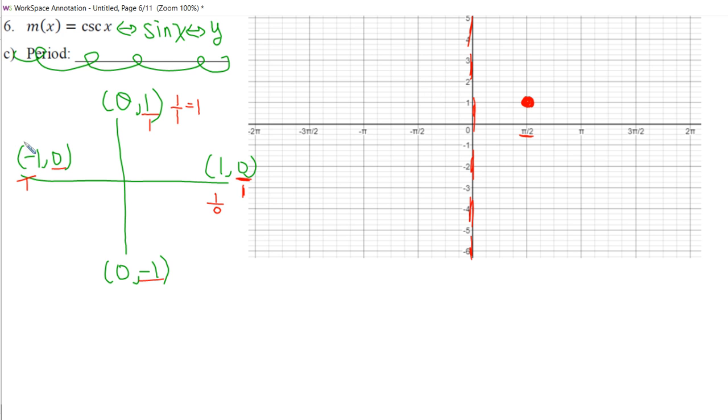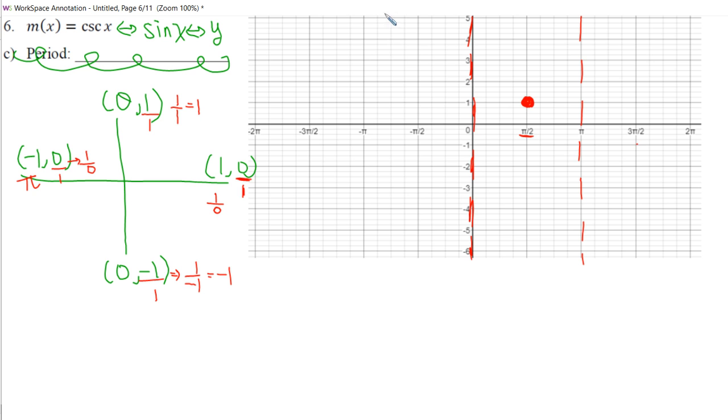At pi, once again, I'm going to find my y, put a 1 under it, flip it, so it's 1 over 0. So it's undefined. I'm going to go to y here, put 1 under it, flip it again, so that's 1 over negative 1. Well, what is that really? Just negative 1, so at 3 over 2 pi, I'm going to go to negative 1 and plot a dot there.